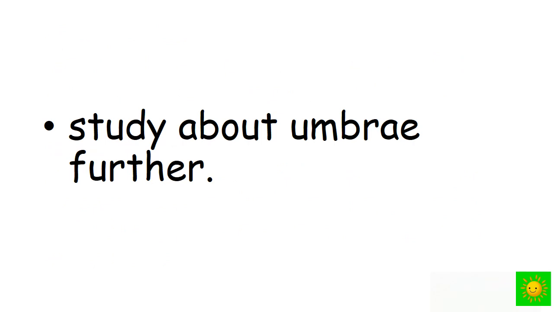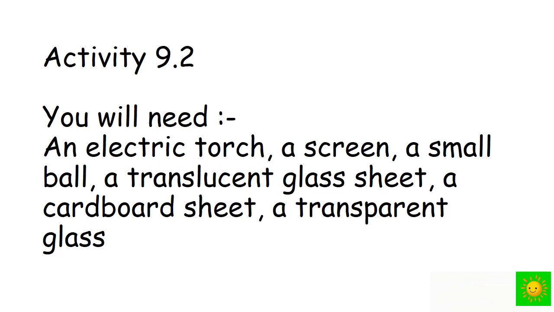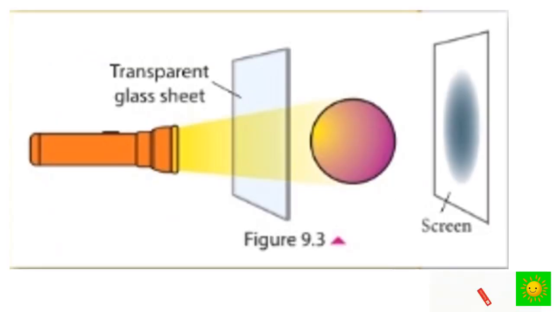Let's study about the umbra further. We have to do a small activity by using an electric torch, a screen, a small ball, a translucent glass sheet, a cardboard sheet, a transparent glass. What you have to do?